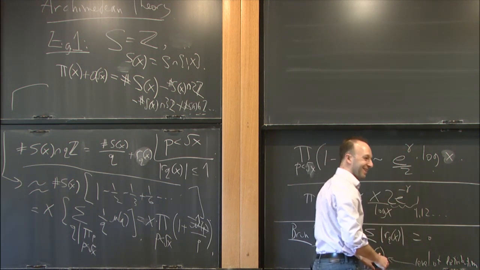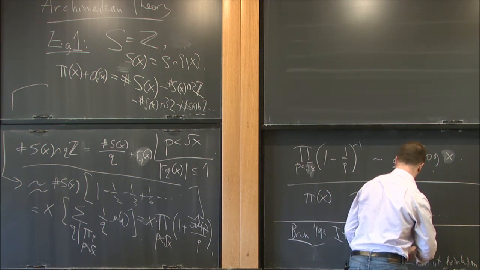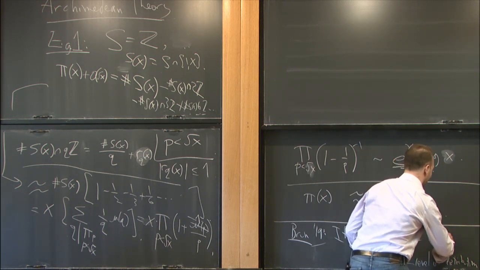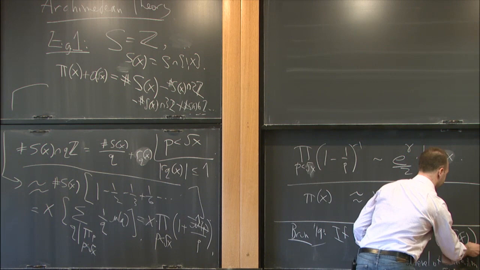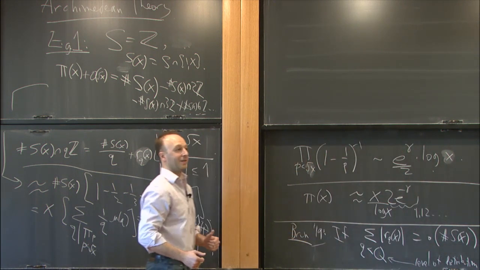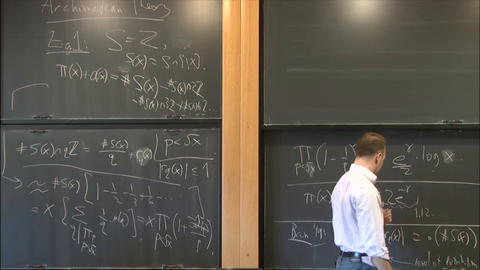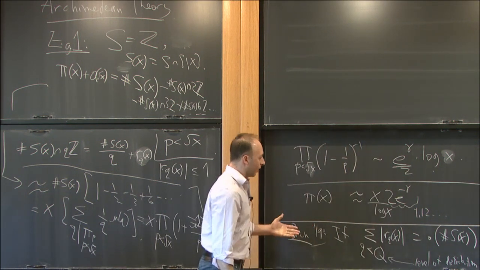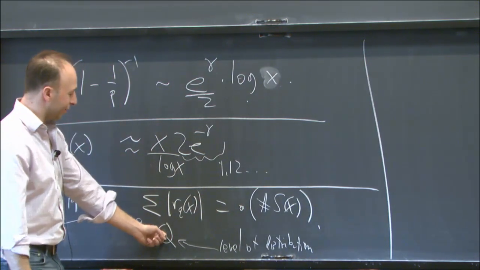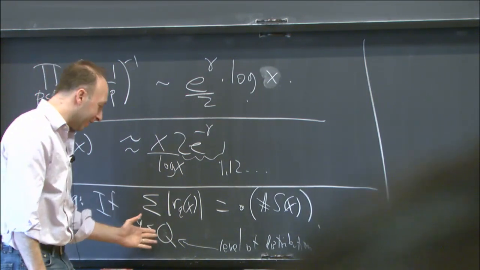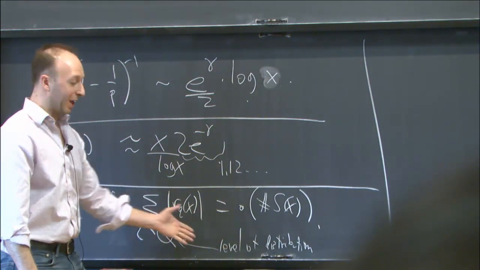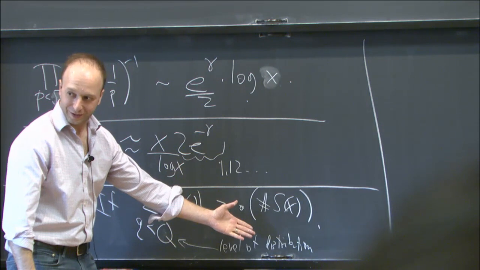You need more; you need lots of powers of logs for applications. But let's say it's little o of the number of elements in the sieving set itself. Okay, so that's what I'll call a level of distribution. And what do you mean little o? If I just take q equals 1, then I want to take this level as large as possible that I can still prove a statement of this form.